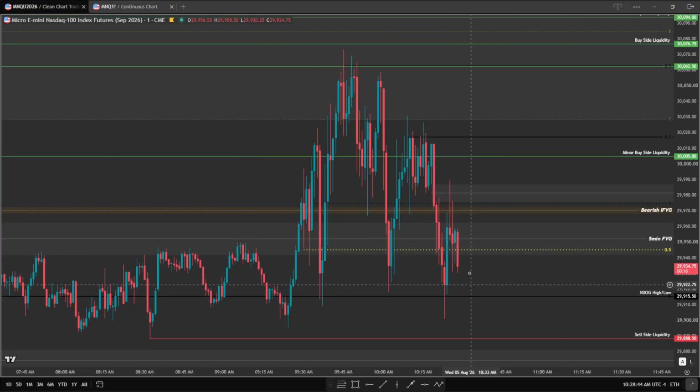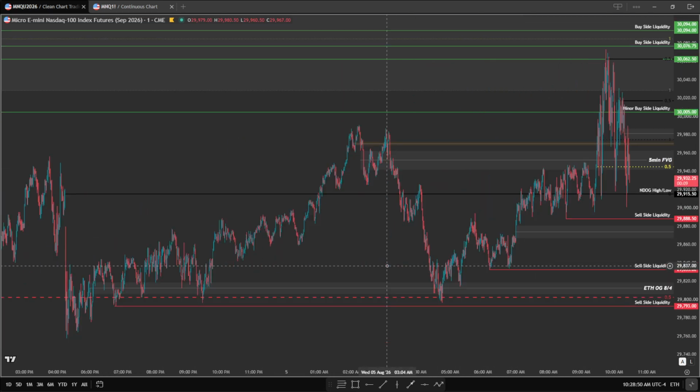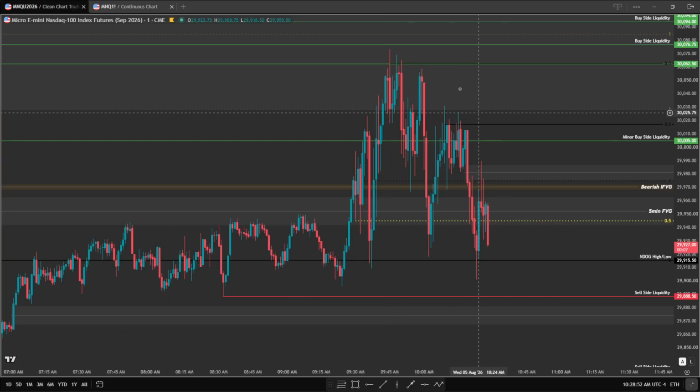Just going to take its sweet time. It's going to get there when it wants to get there. It's forming a lot of buy side below the major buy side. So it's interesting.